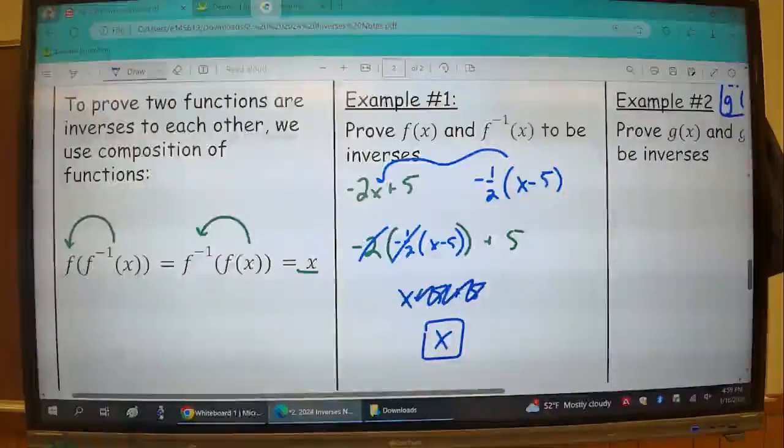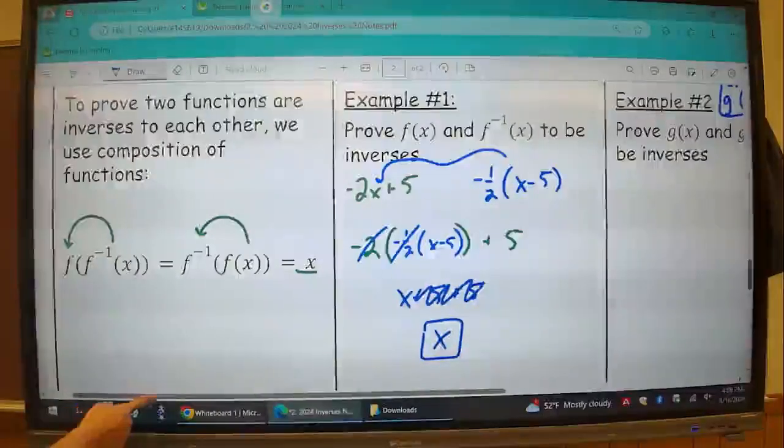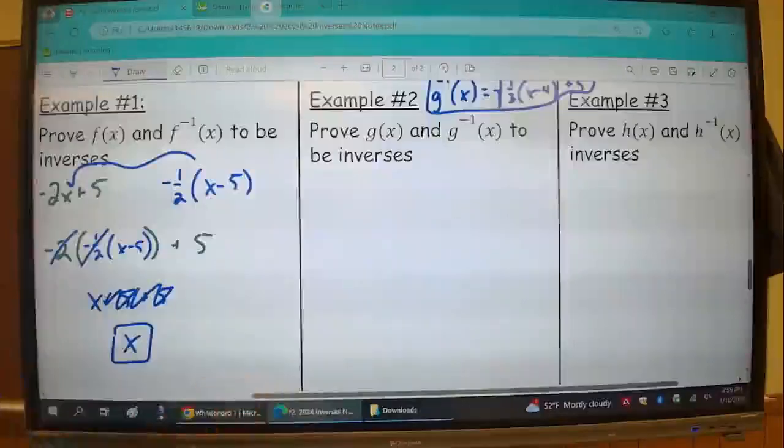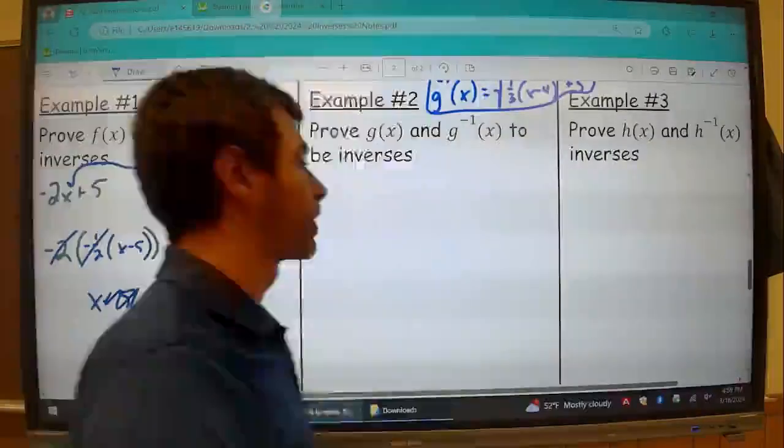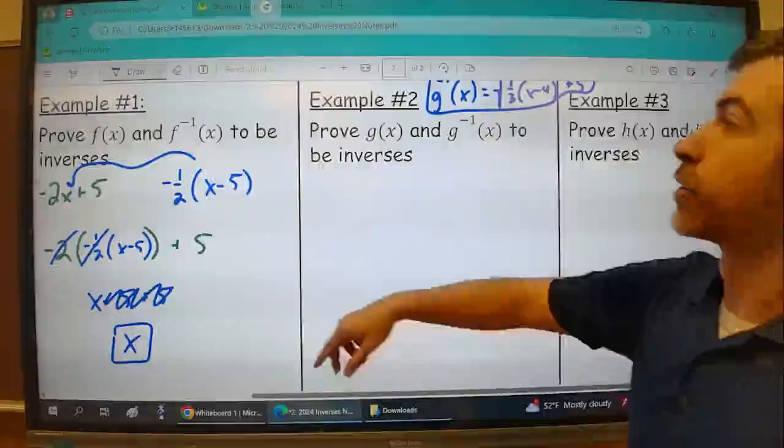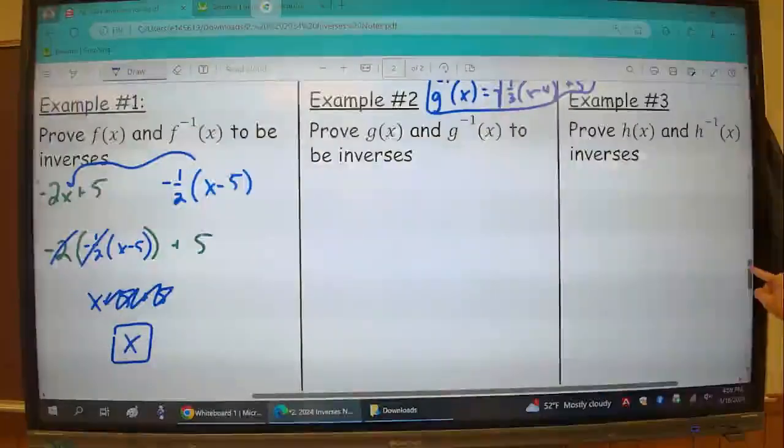So let's take a look at example number 2 now. We're going to use the g and the g inverse to create this proof to make sure that we have two functions that are inverses. We'll keep with blue.